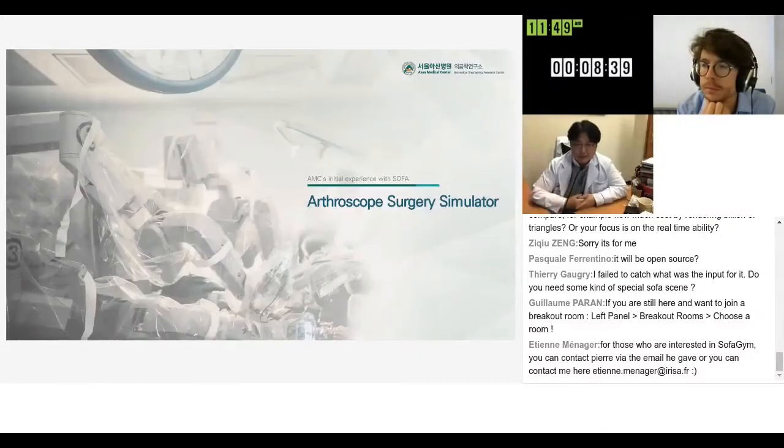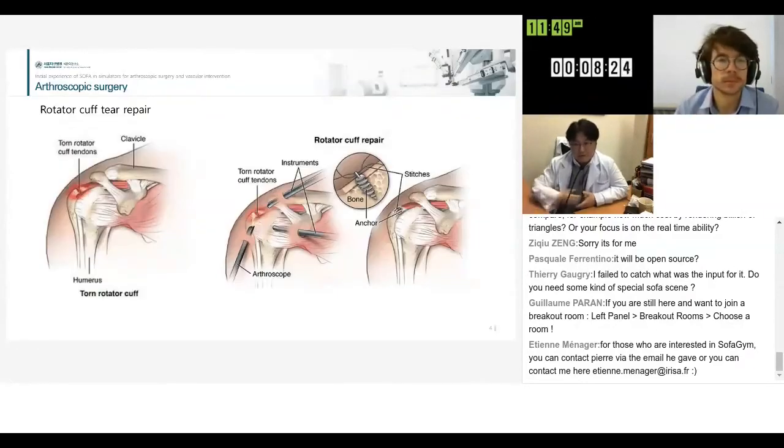The first one is the arthroscope surgery simulator. About 5 years ago, I was approached by a small Korean company which wanted to develop this simulator, and we started a small government-supported project. Our work was to implement the main code of the surgical motion simulation using a simulation engine.